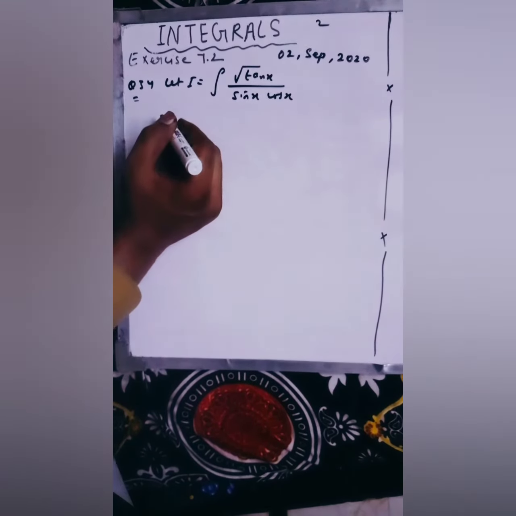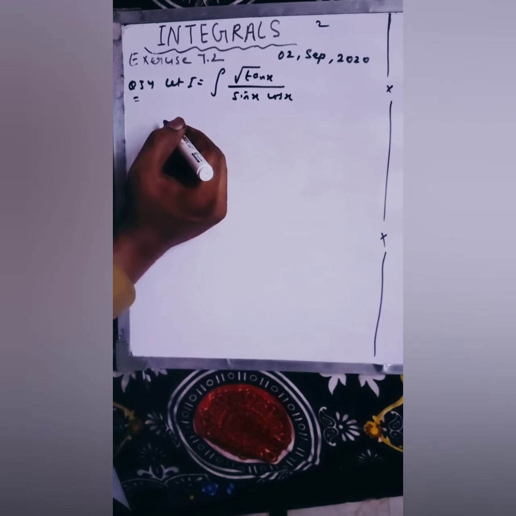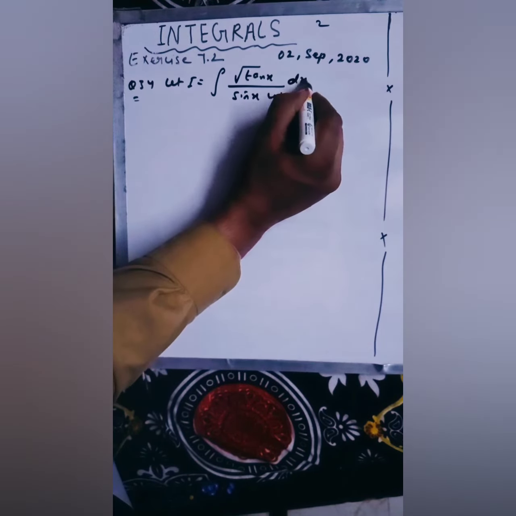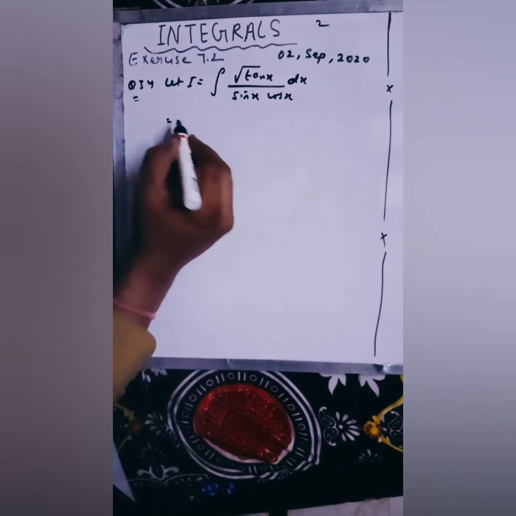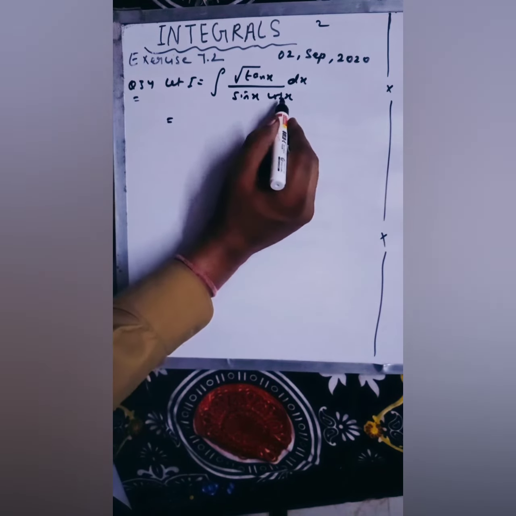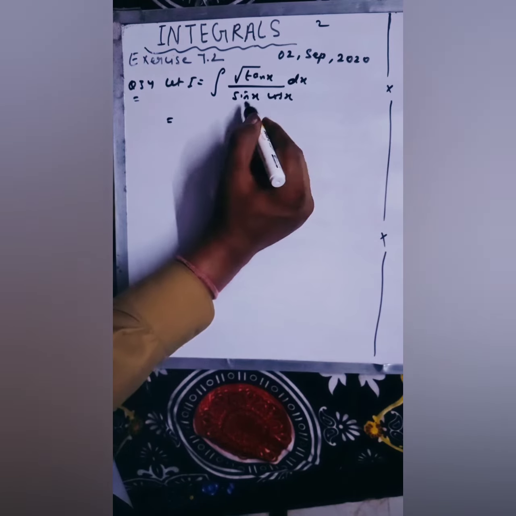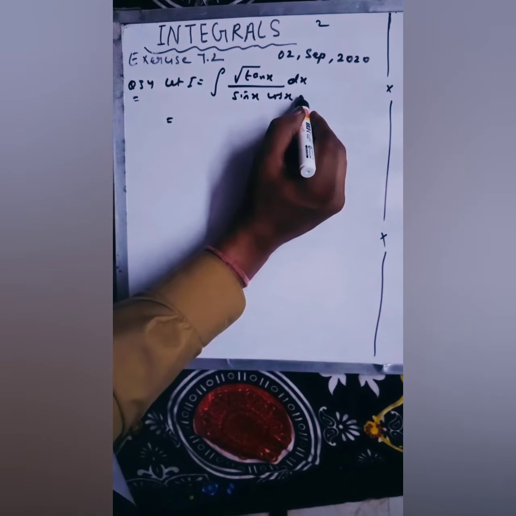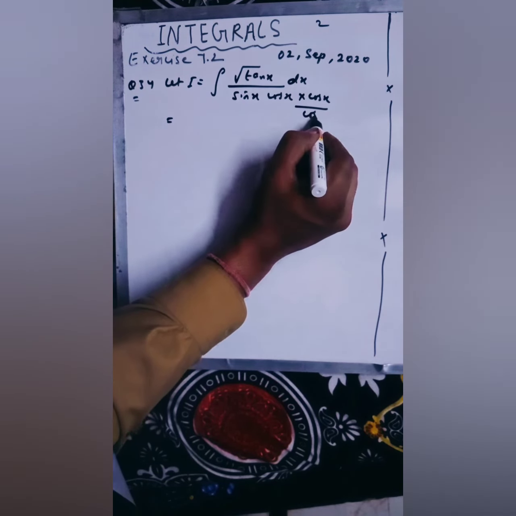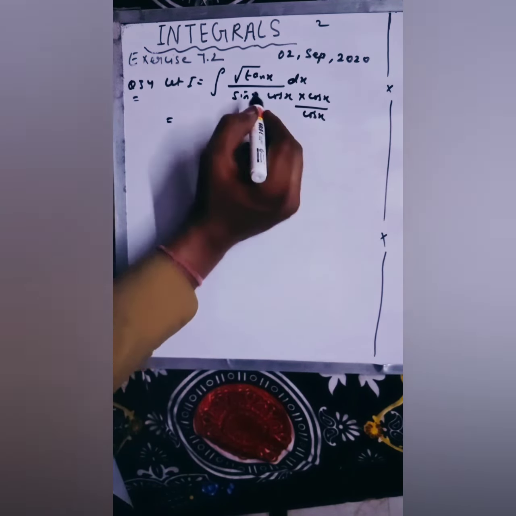Now this is your question number 34, and 33 is exactly the same as question number 32. Okay, so here I am solving question number 34. So this is the question. How do you solve this? Here what you have to do, I am multiplying the denominator part by cos x and dividing by cos x, only the denominator part.